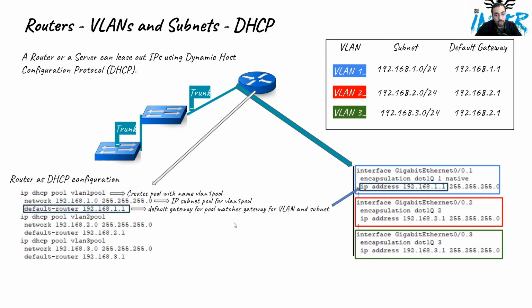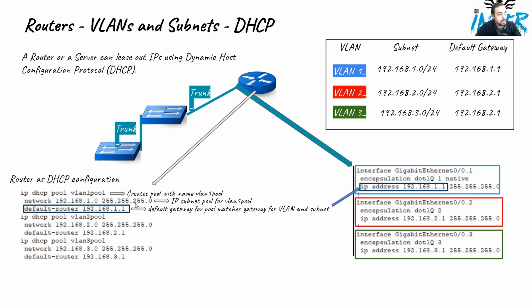Finally, we have to place in what the default gateway will be for this pool of IPs. And this is going to be matching what we have here on the sub-interface, because this sub-interface is what we're going to use as the default gateway for anything that's in this network.